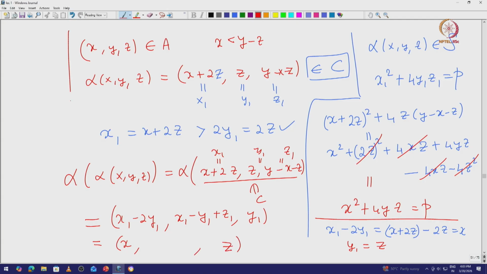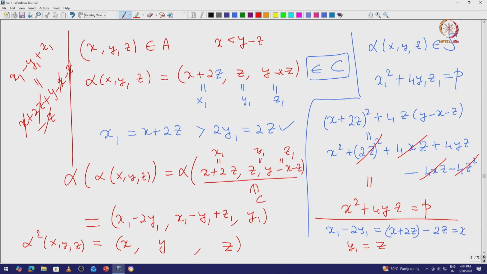Second coordinate is x1 minus y1 plus z1, which is exactly equal to x plus 2z plus y minus x minus z minus z. So, this z gets cancelled and x gets cancelled, you get y. Okay. So, that tells alpha square of x y z is exactly x y z.